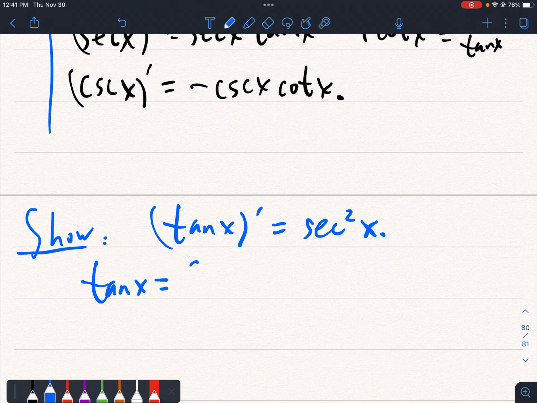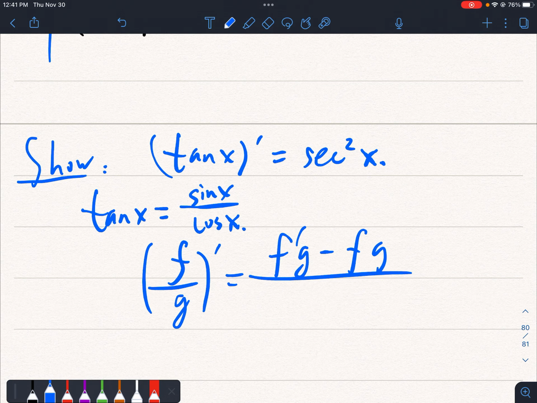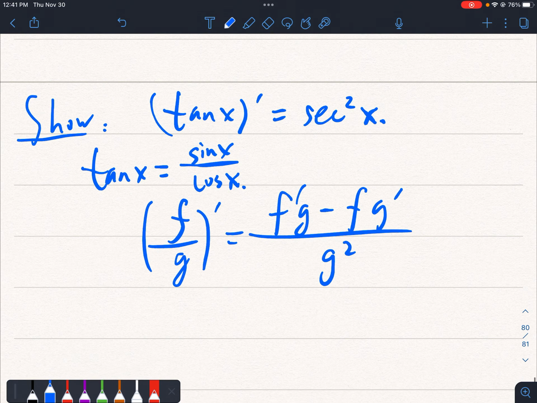So let's prove that the tangent prime is secant squared. So how do we show it? Well, we just use the fact that tangent of x is equal to sine x over cos of x, right? And then we can use the quotient rule, because we know how to compute the derivative of any quotient.